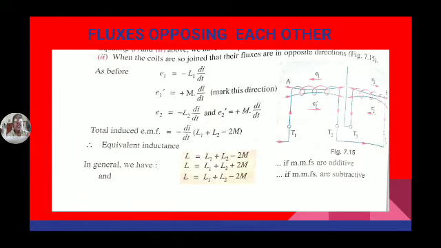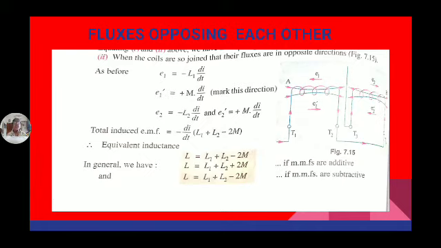E1 is equal to minus L1 di by dt plus M di by dt, plus similarly E2 is equal to minus L2 di by dt plus M di by dt. If I take common minus di by dt, we get L1 plus L2 minus 2M.